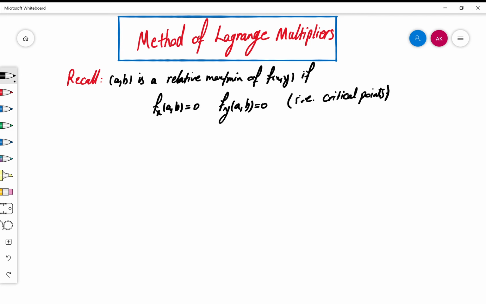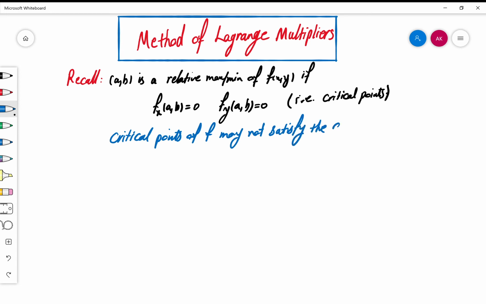But the critical points of f itself may not even satisfy the constraint, so they may not be part of the problem.